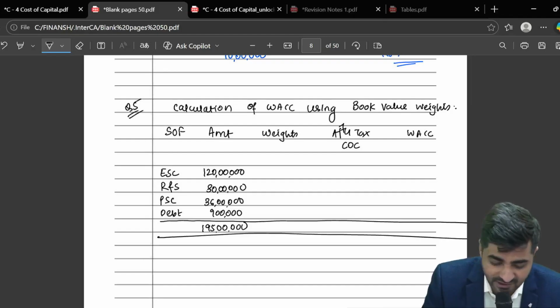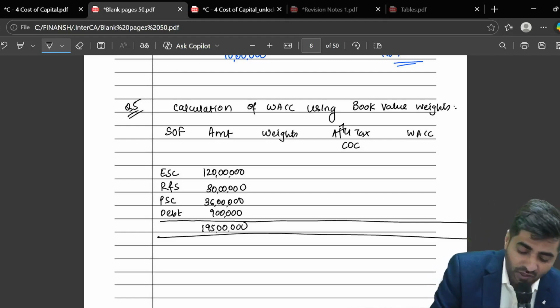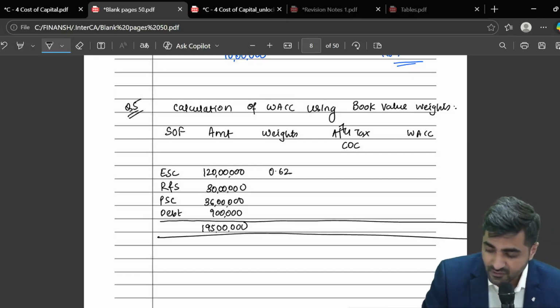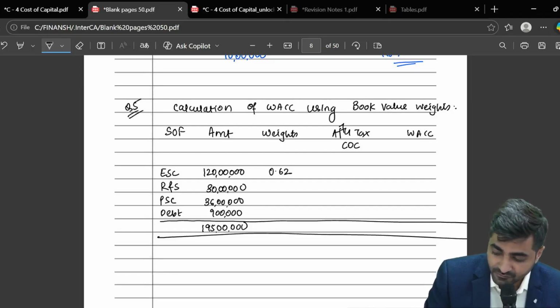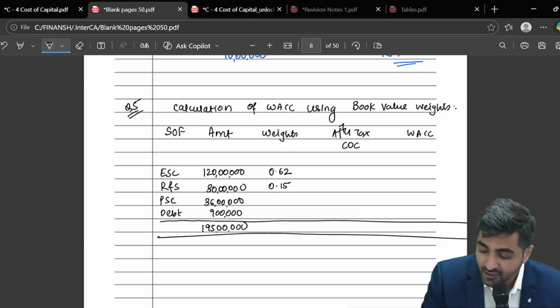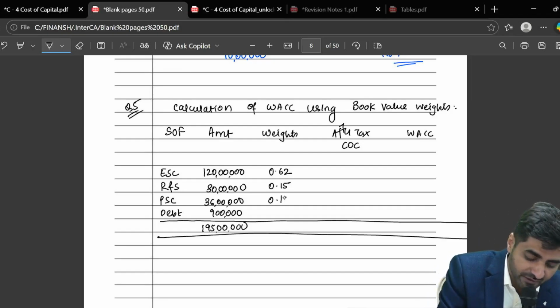Okay, now what is going to be your weights? 1 crore 20 lakhs, divide that by 1 crore 95 lakhs. What are you going to get? 0.62. Correct? Then 30 lakhs divided by this is going to be 0.15. 36 lakhs divided by this will be 0.18.